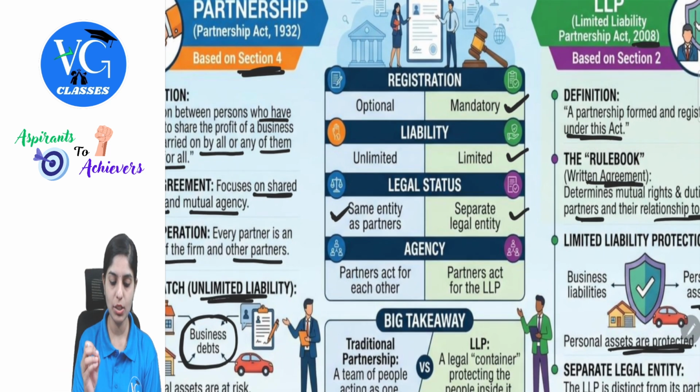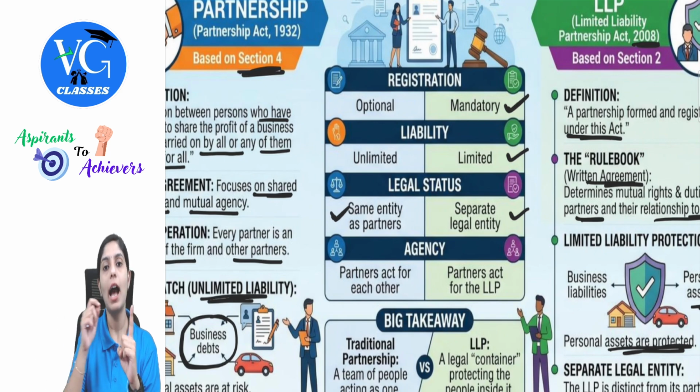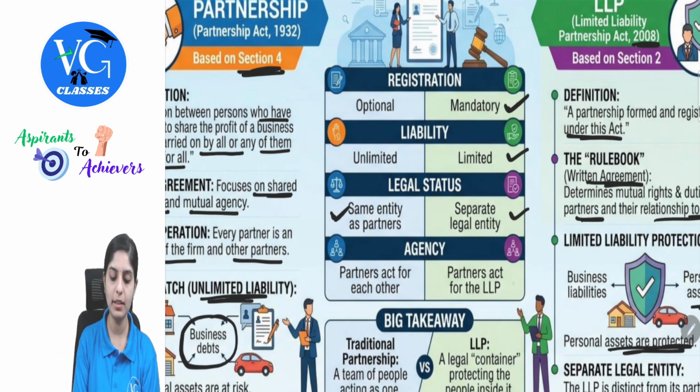With respect to agency, partners act for each other, that is, if one partner has taken any decision, that decision should by default be applicable to the remaining partners. Whereas under LLP, partners act for the LLP. They are not responsible for the other partners. They are only responsible for the contract which exists between them and the LLP.